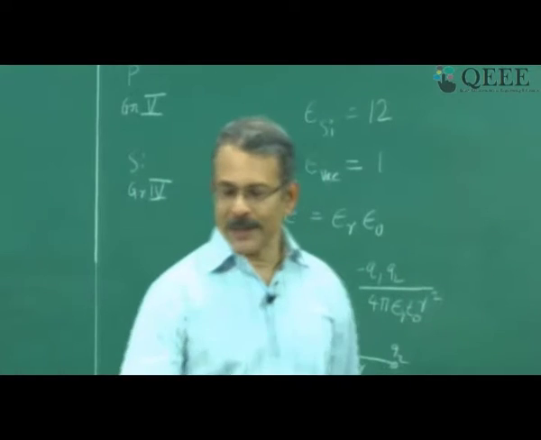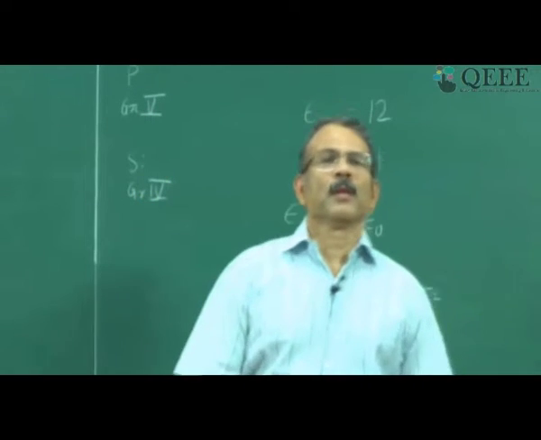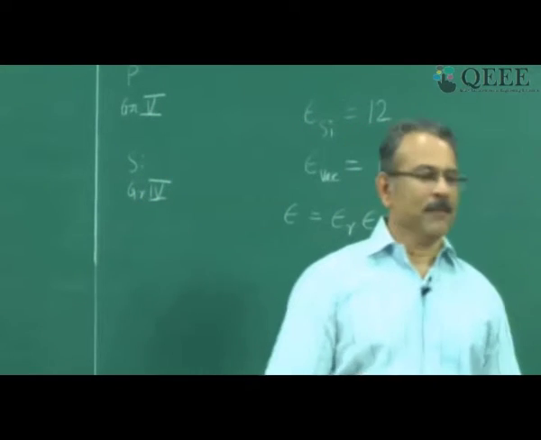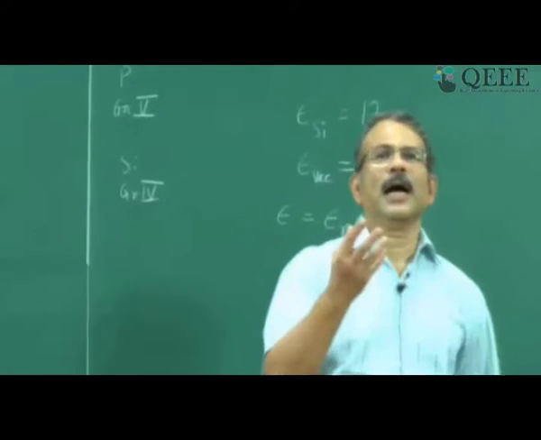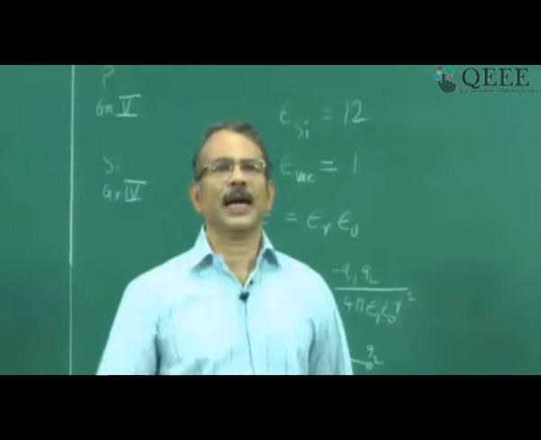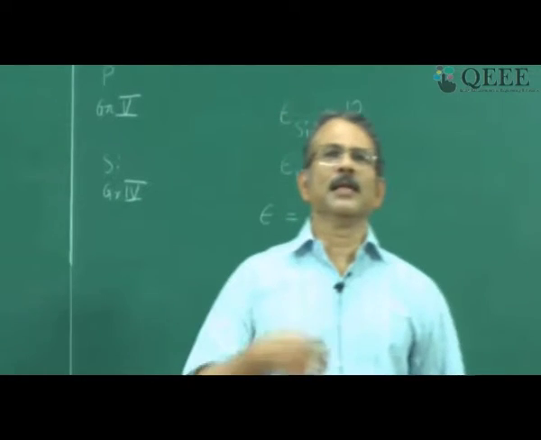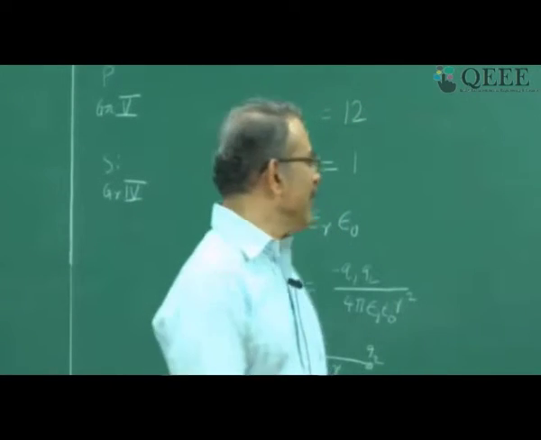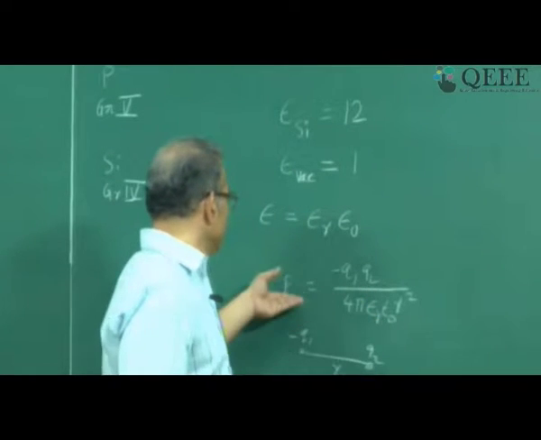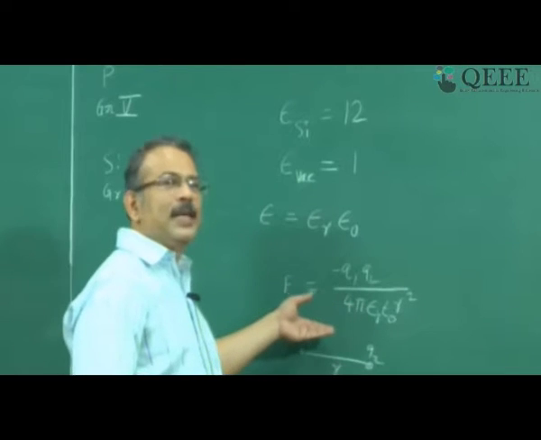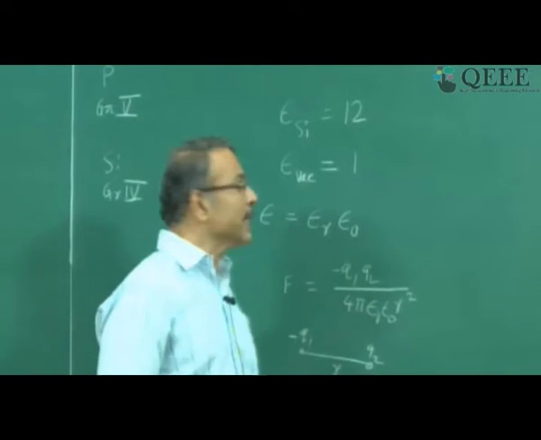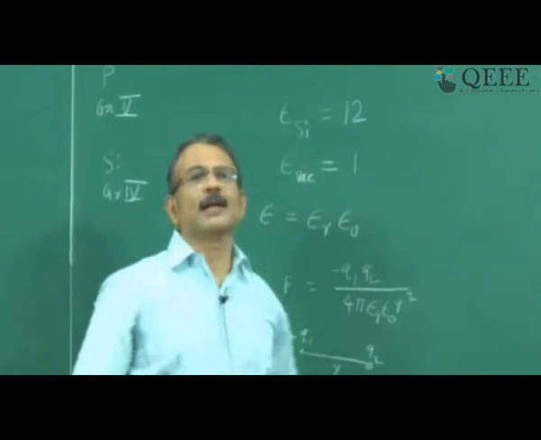In fact, if you calculate the energy of this electron revolving around the phosphorus atom using the hydrogen model, Bohr's model of the hydrogen atom, you will find that the energy is inversely proportional to the square of epsilon r. Force is inversely proportional to epsilon r, but the energy is inversely proportional to epsilon r square, which means if I square 12, I will get 144.